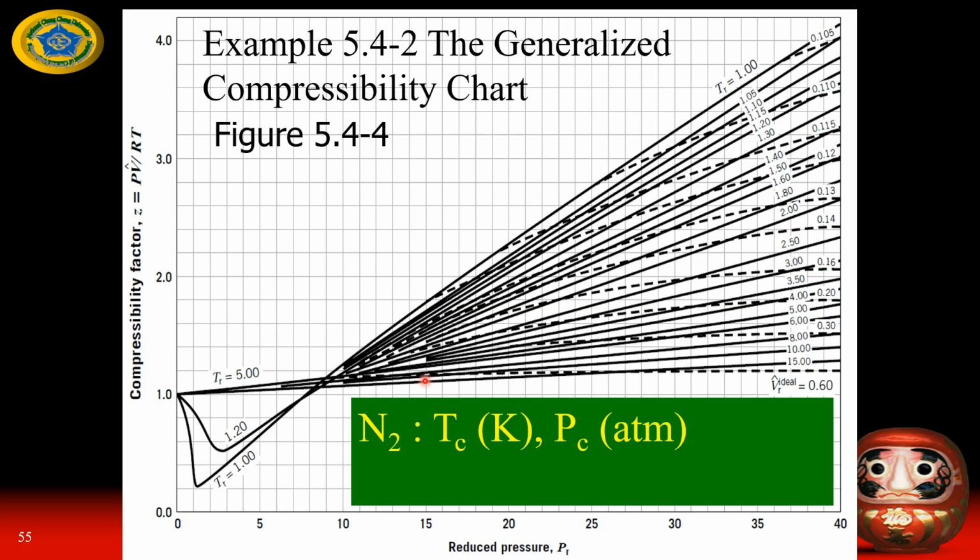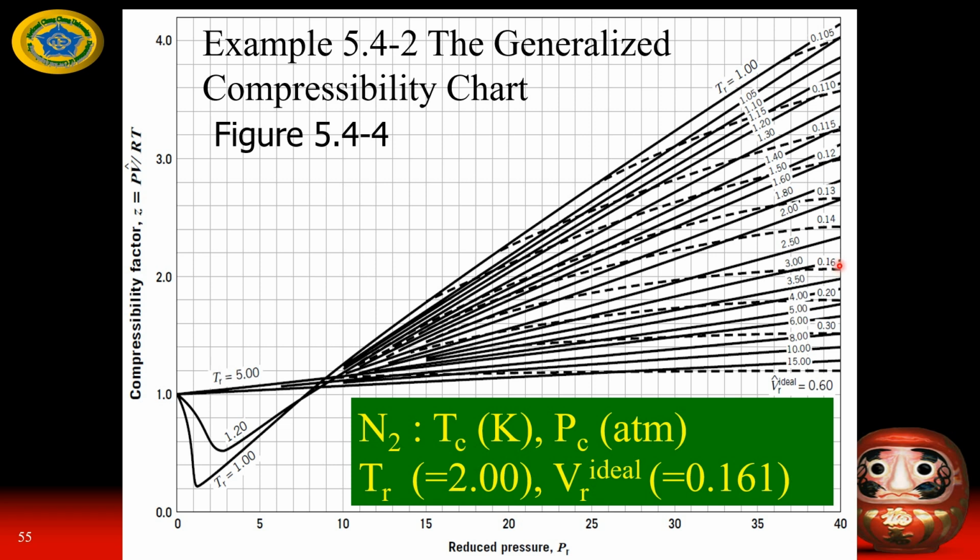Now I want you to work with me to find out how to get Z. For example, TR is 2.00, VR ideal is 0.161. So TR is here, 2.0 is this line, the solid line here. And where is VR ideal 0.161? Dash line 0.161, 0.16. You say, Professor, there is no 0.161.